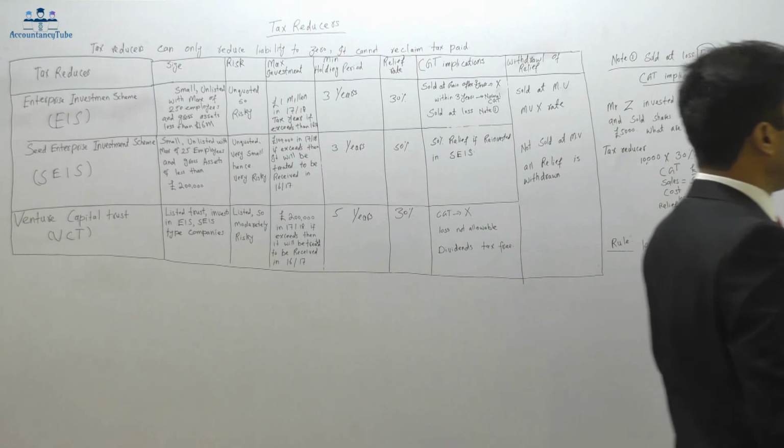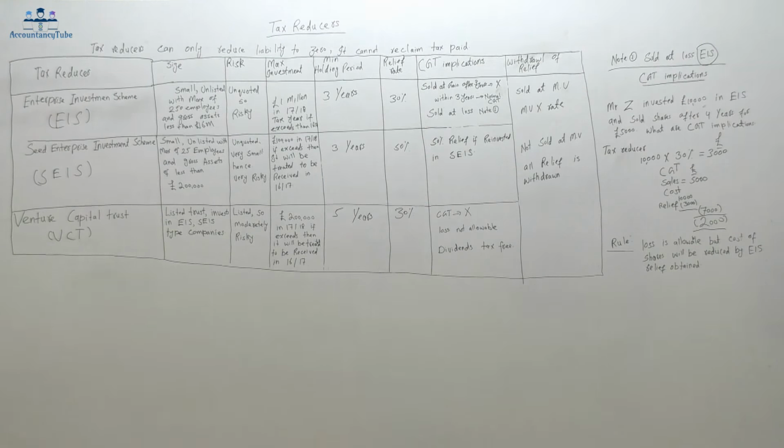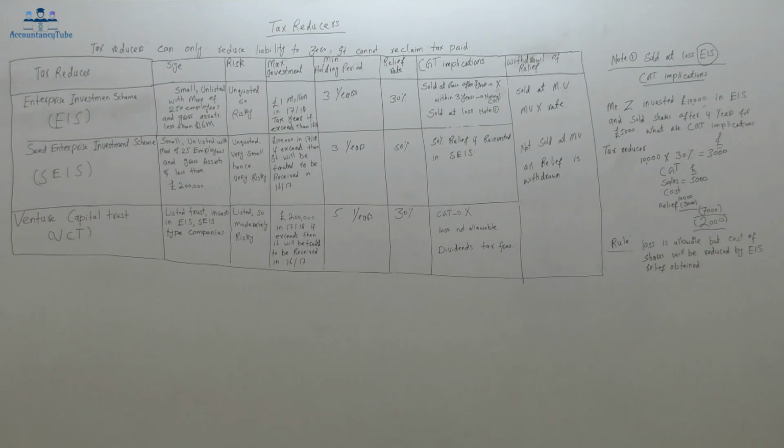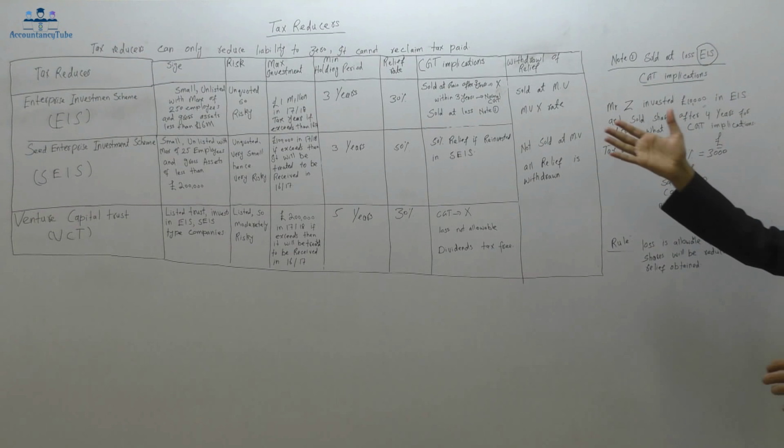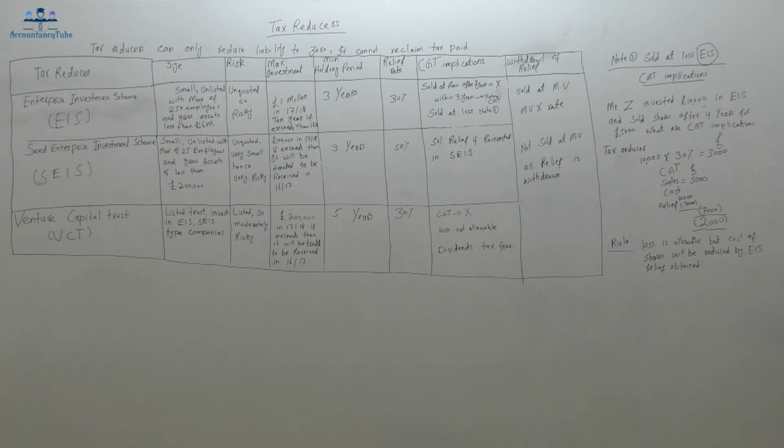Loss allowable simply means that if you have a loss now, in the future year periods, if you make any gain, that loss will reduce the gain of the future year, and eventually you will have to pay less tax in the future. But don't confuse yourself with this now, because this is the only thing relevant as far as these schemes are concerned. We will look into the details of capital gains tax when we move to that section. However, we are at income tax for now.